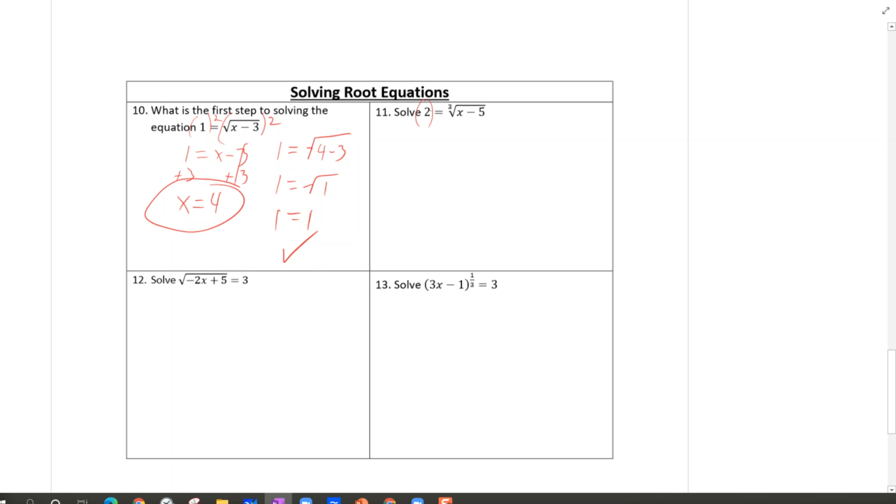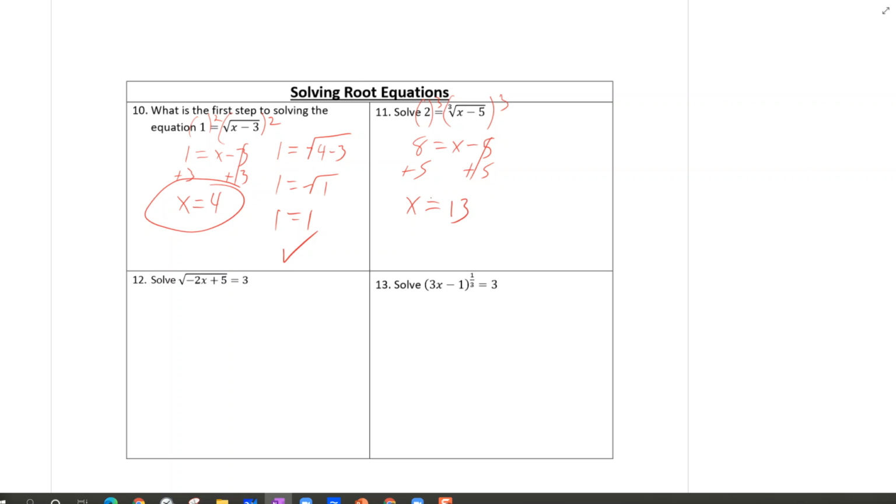We need to cube both sides. We do not need to check the cube root ones.